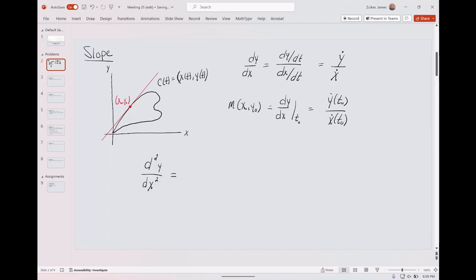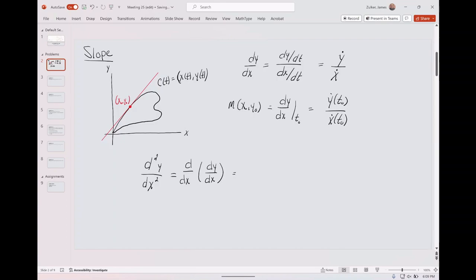Remember, that is the derivative with respect to x of dy dx, which turns out to be quite a pain. There is a formula.